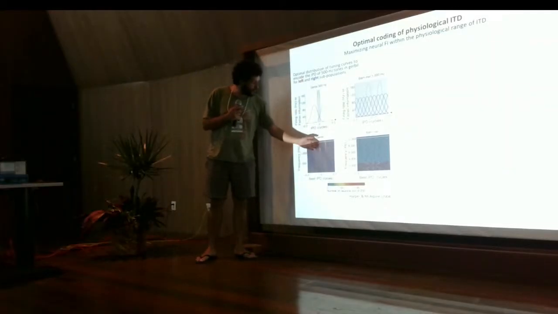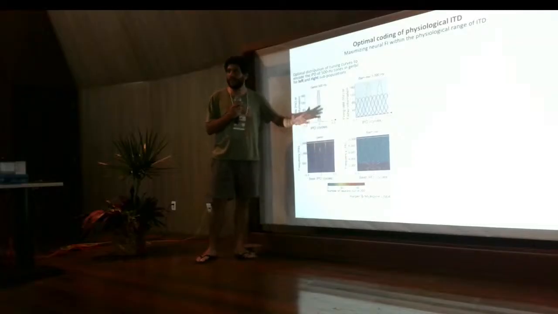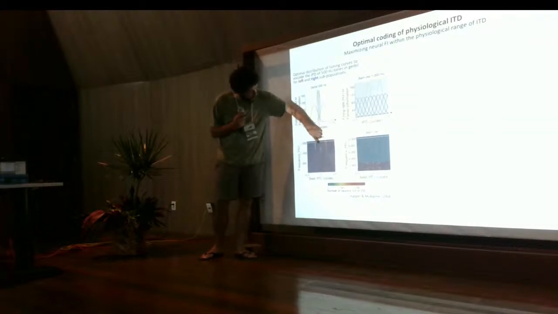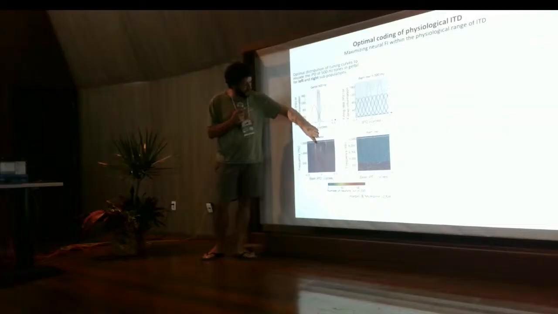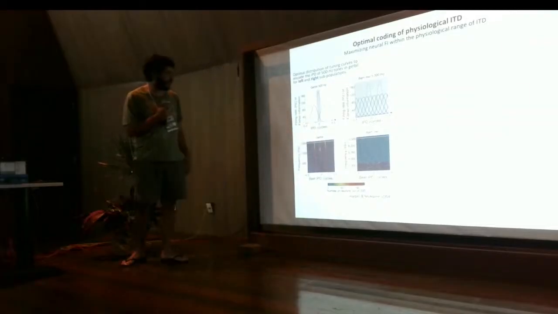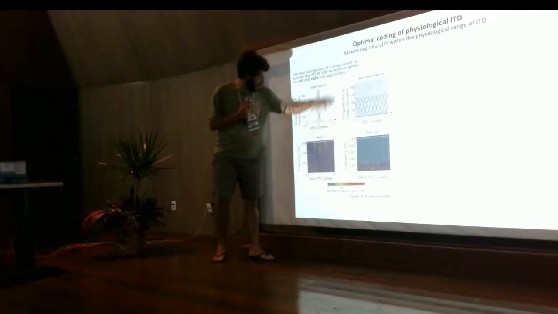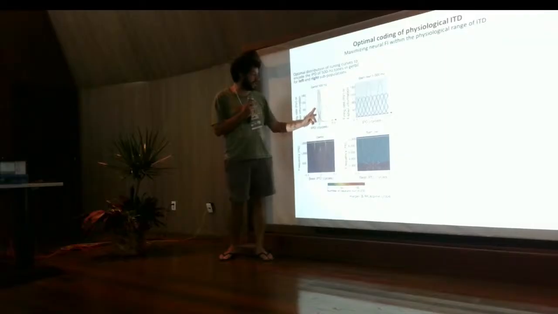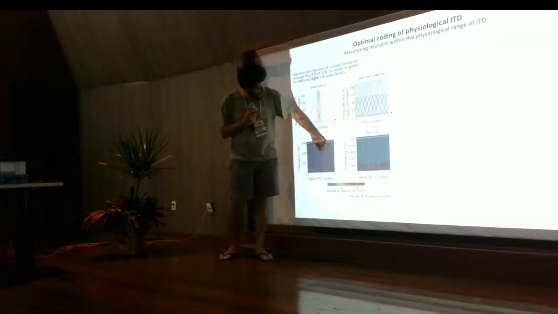In the simulation, they put all the neurons spread out, and they are trying to optimize within the physiological range. So around this triangle here would be the IPDs that are physiological to the animals, here for the gerbils. They are tuning the centers of these tuning curves, shifting them in order to maximize the feature information in this region of the triangle.